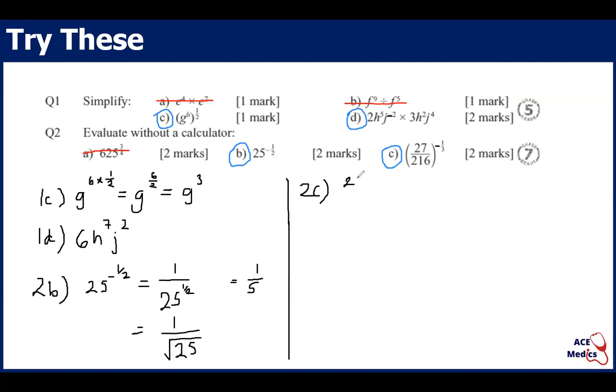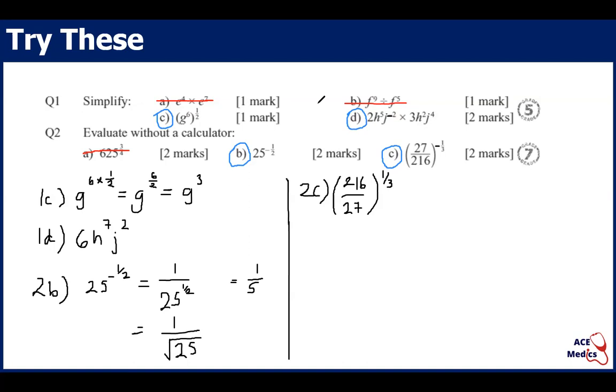So 216 over 27, because the indice is on the outside of the bracket, it doesn't affect it just yet. So we leave that indice there, but it's now a third instead of minus a third. Is everyone happy with that? Does that make sense?